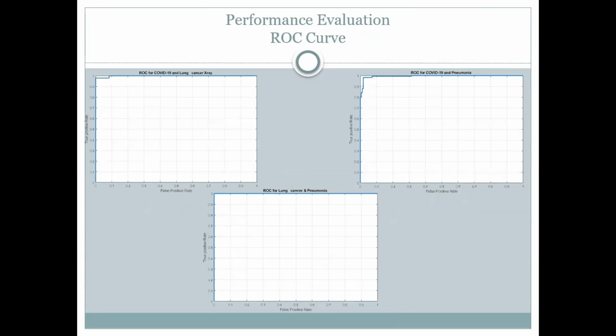From the ROC curve that we deduced, we could see that for lung cancer and pneumonia, it was a perfect ROC curve, which had an area of 1. For COVID-19 and lung cancer, the little error affected the graph, and the area under the curve was 0.99.